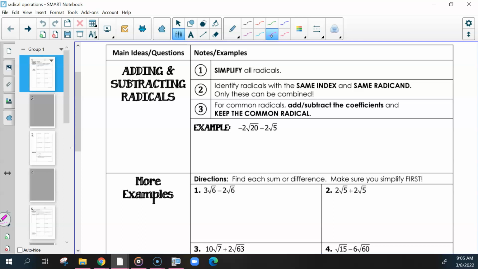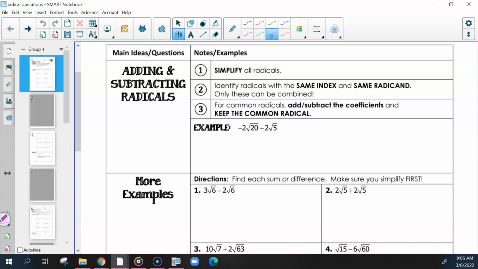Then we also have to make sure they have the same radicand, so the number underneath the square root. If that's not the same, we can't add or subtract them together. So think about that like terms. The only way we combine these like terms is if they have the same number underneath the square root.